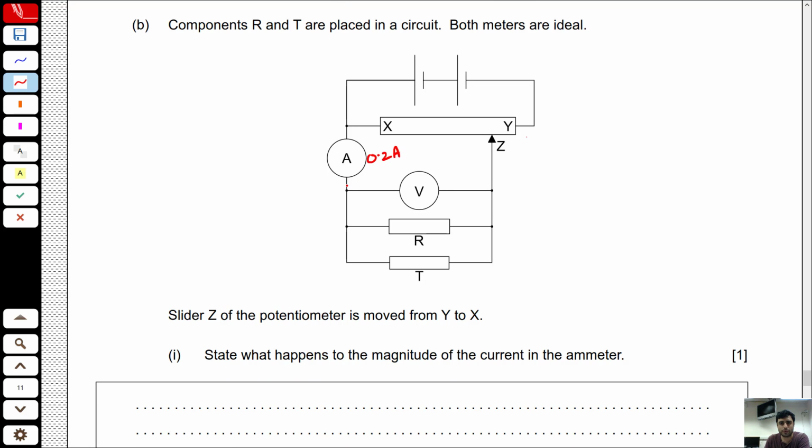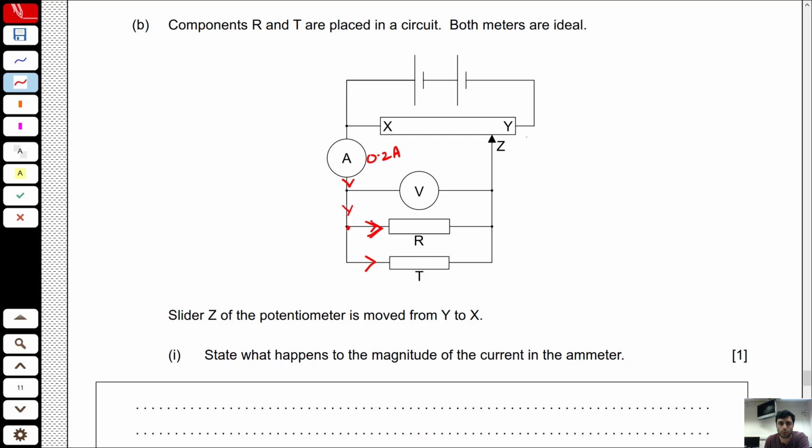So this 0.2 ampere is passing through the voltmeter, and no current goes into the voltmeter, so this entire current just goes down, because the voltmeter has infinite resistance ideally, so there's no way current can go through the voltmeter. The entire current just goes down here. And at the junction, current divides into two parts, not equally. It will be equal if the two resistances are the same, but we don't know whether they're the same or not.